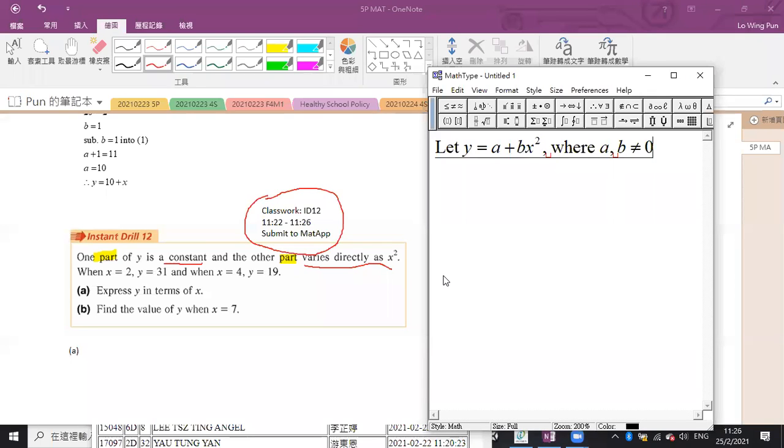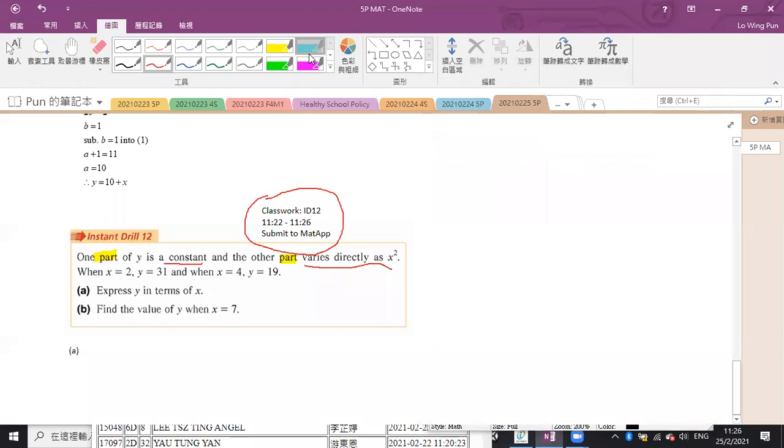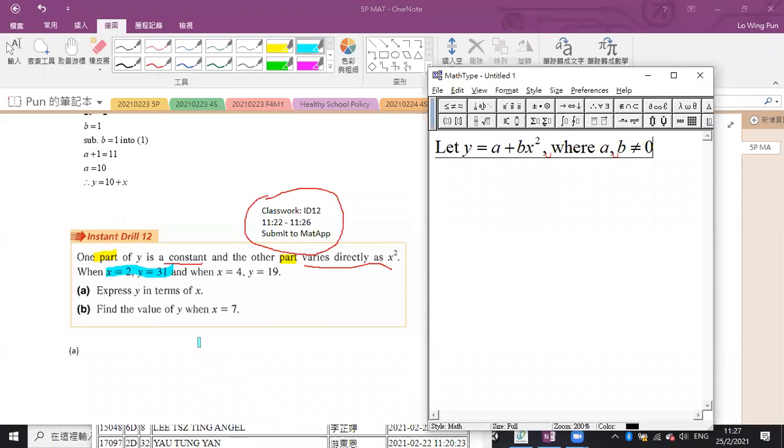Then we are going to find two pairs of numbers from the question to set up equation 1 and equation 2. When x is equal to 2, y is equal to 31, which means we put x equals 2 and y equals 31 into our equation. So 31 is equal to a plus b times 2 squared, that is a plus 4b equals 31, and I call this equation 1.